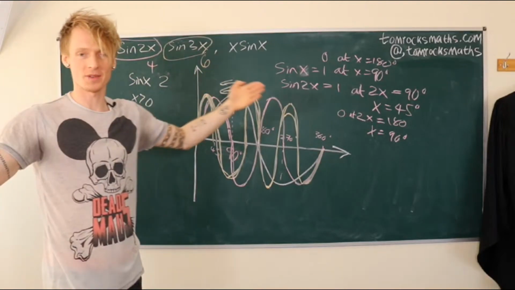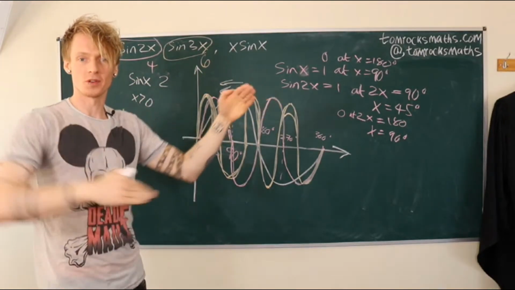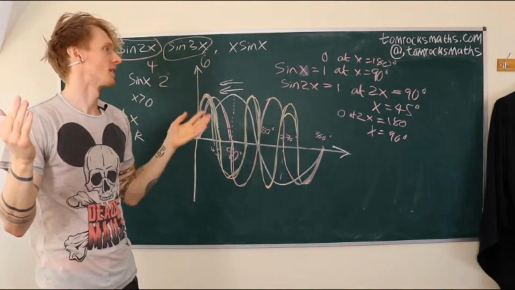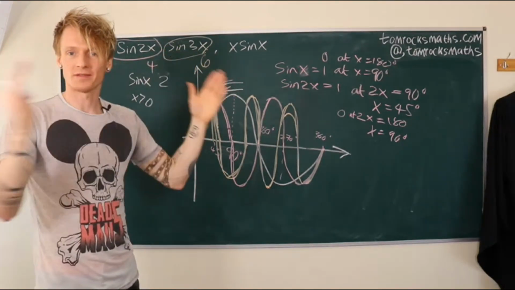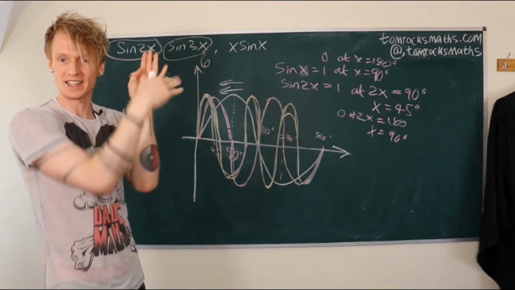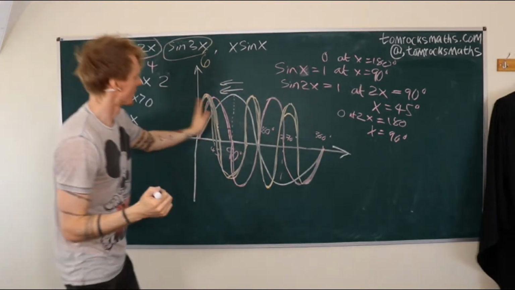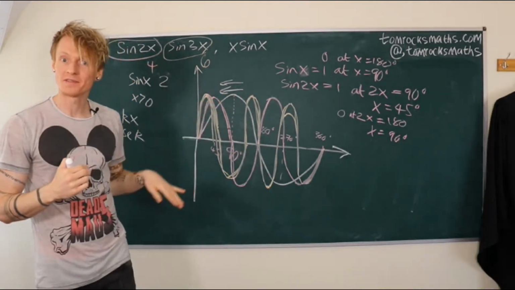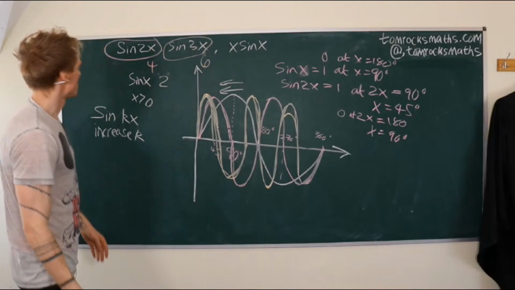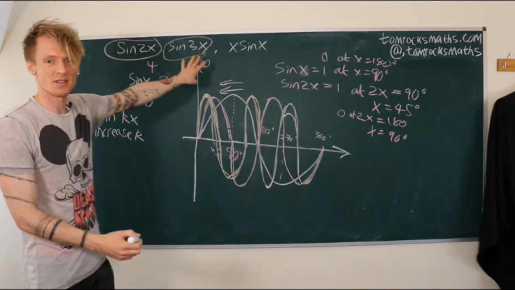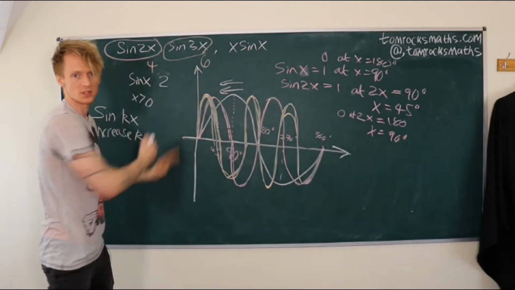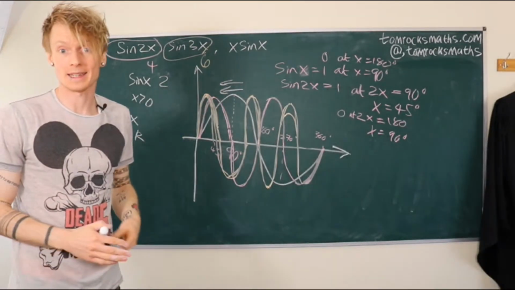So you're starting with your big wide accordion with only 2 peaks, 2 kind of bends, and then you're squashing it in, so now it has 4, and then again, and it has 6. You're squashing it together to create more and more, more intense waves. It's one way to think about it. So that's sine of 2x, sine of 3x, and we could do this for any k. We just squash the graph more and more over towards the y-axis.